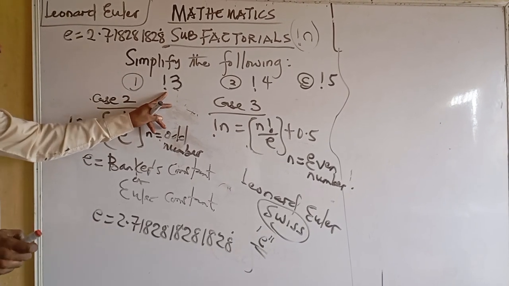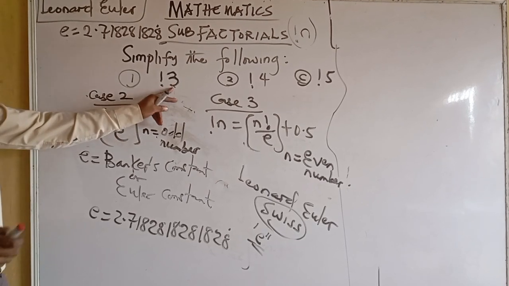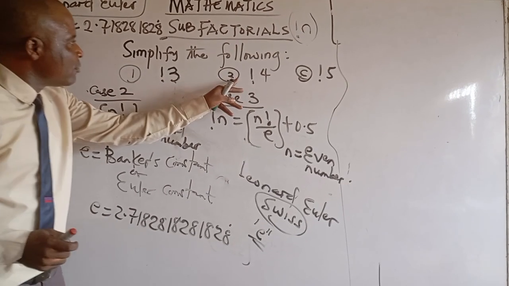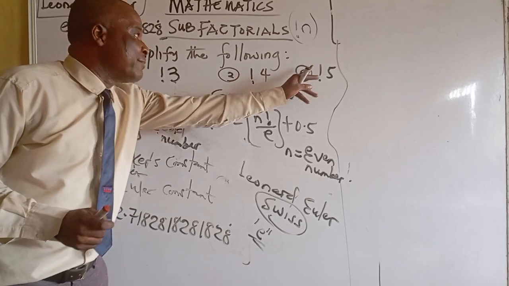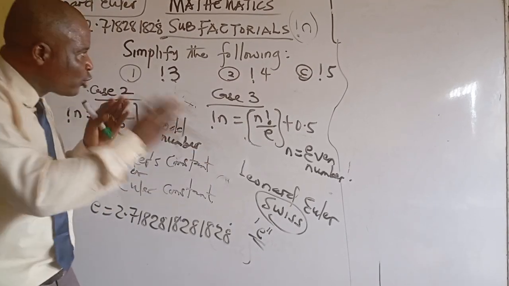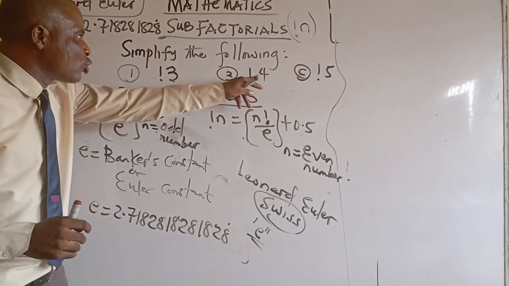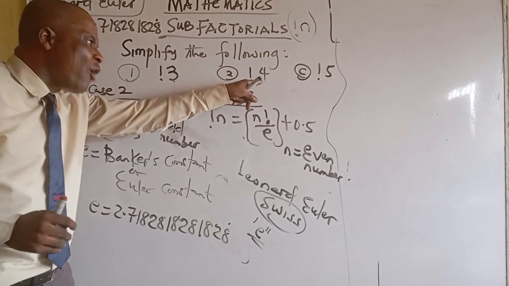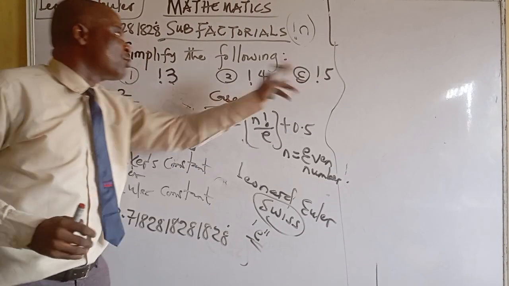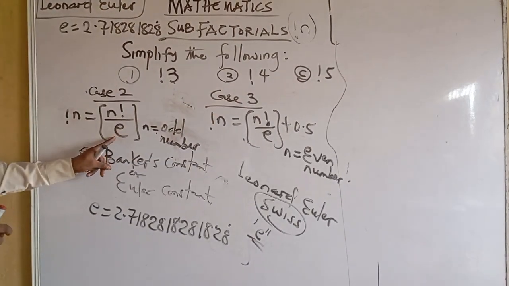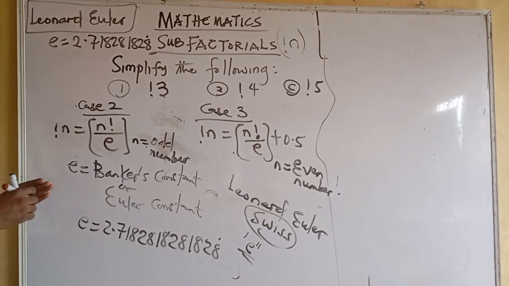Now, to solve sub-factorial 3, I will apply this formula because 3 is an odd number. Viewers all over the world, to solve this and this as an assignment, which I will give to you, put your answer in my comment section. Sub-factorial 4, because 4 is an even number, I will apply this formula. And sub-factorial 5, because 5 is an odd number, I will apply this one as a shortcut to case 1, the formula we have applied before.